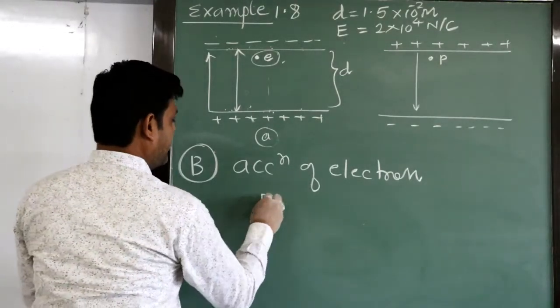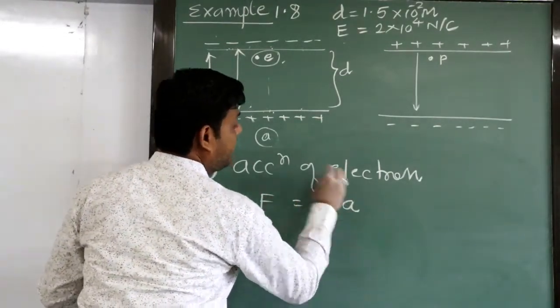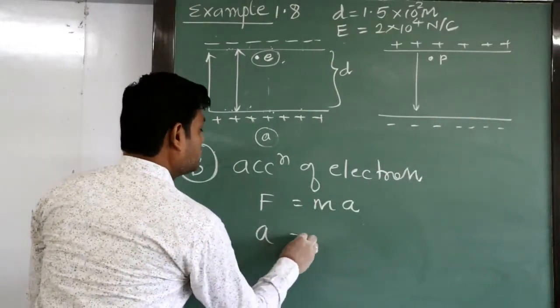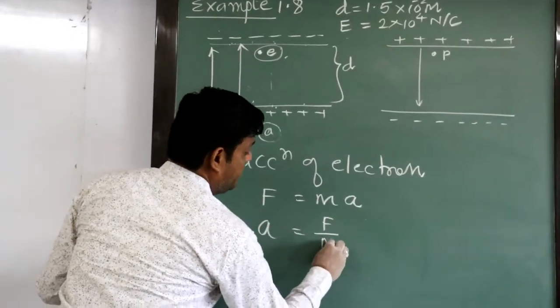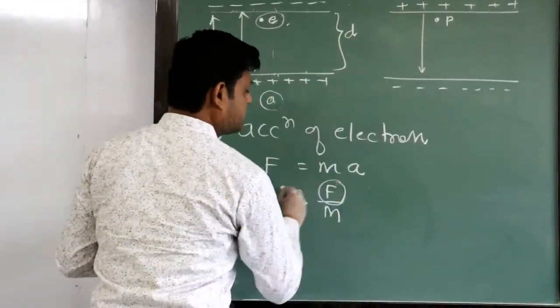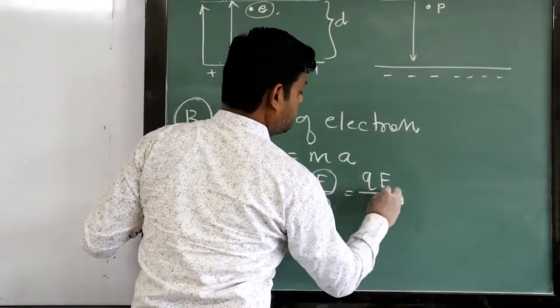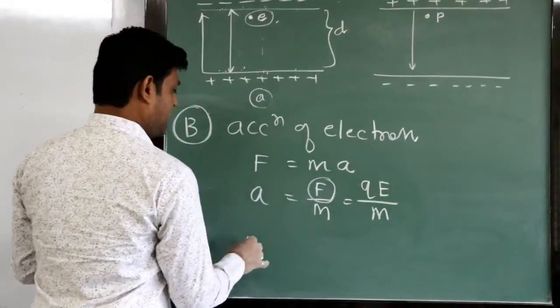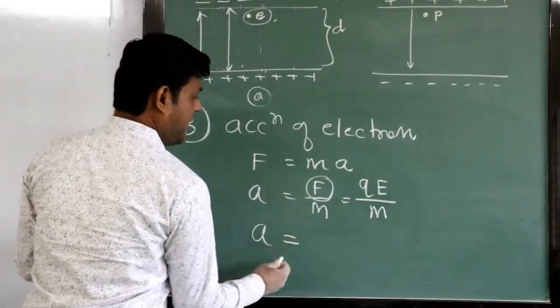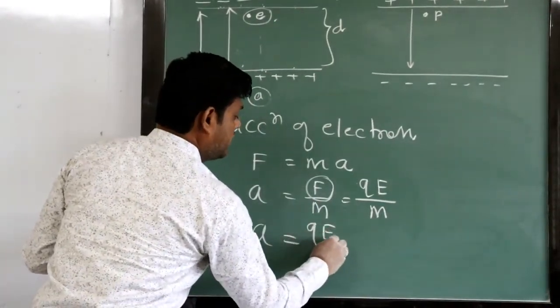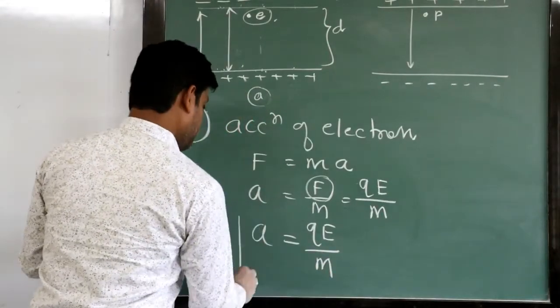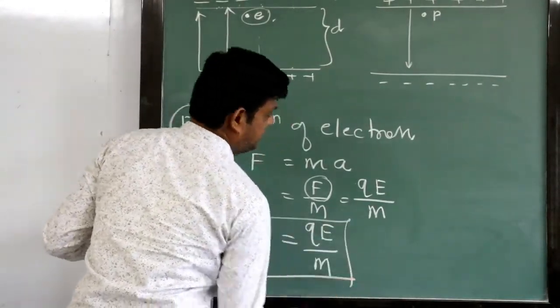It's very simple. F equals m into a, so a equals F by m. Here the force is the electrical force, so we write qE by m. This is the general formula for acceleration.